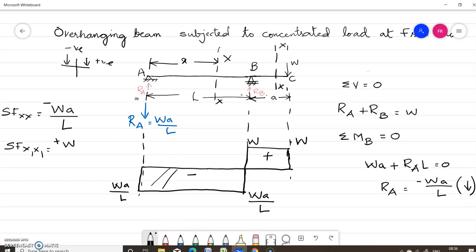Now we have to hatch the shear force diagram, and you write here SFD. So this is how you have to draw the shear force diagram.